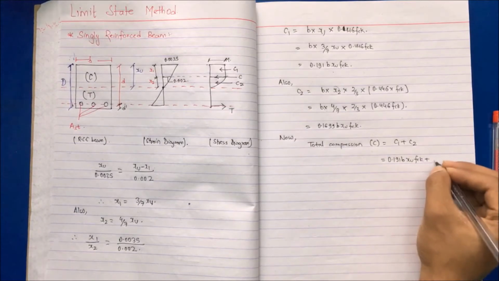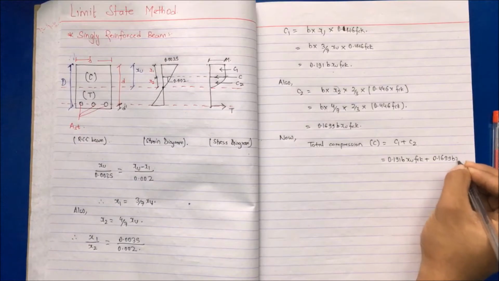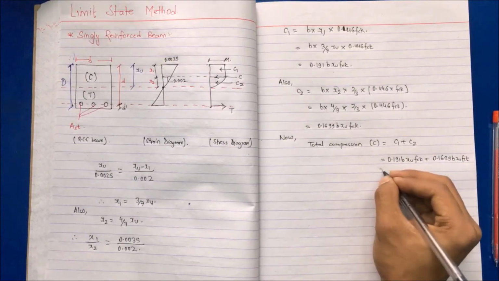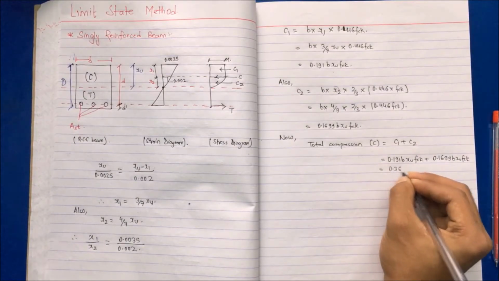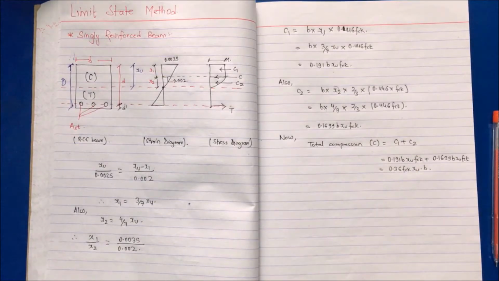Now adding these two, we get 0.36 FCK xu into B.